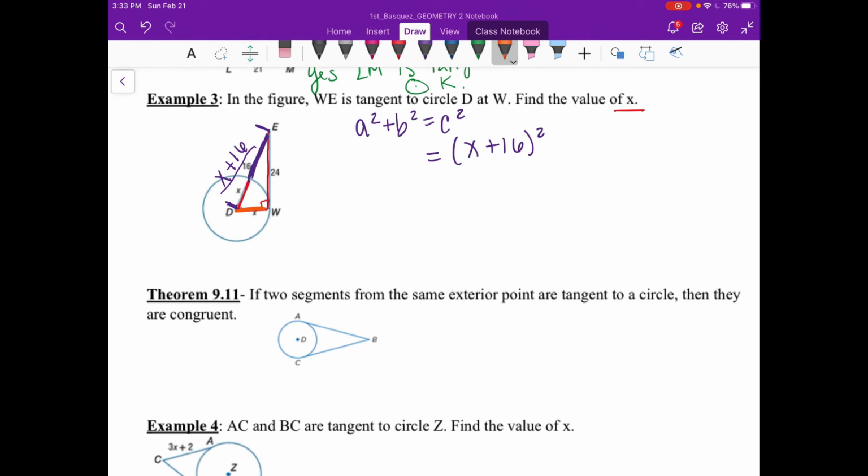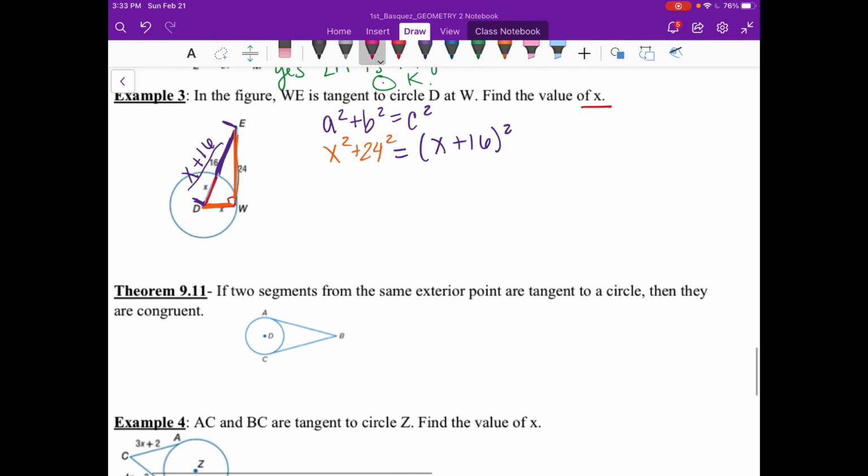A and b are just the sides, so this is x squared, and this is 24 squared. And for this one, you're going to have to do double distribution for x plus 16. So this really means multiply x plus 16 times x plus 16 and use double distribution, right?